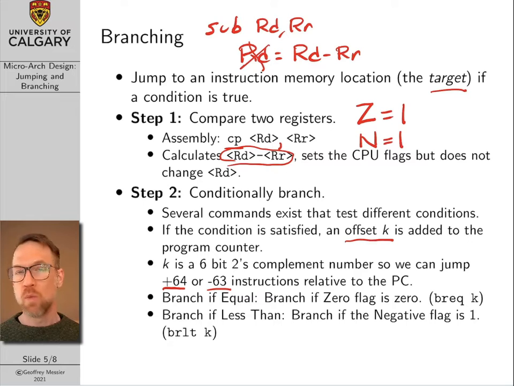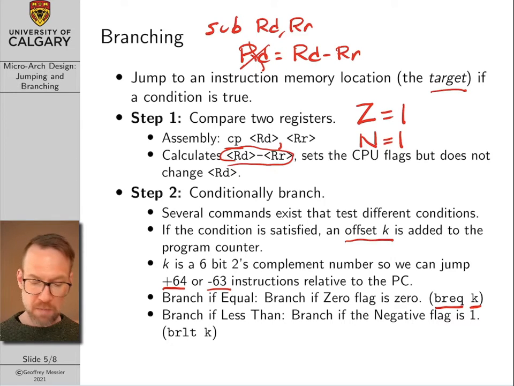If we're doing a while loop or an if statement, all of our commands are going to be fairly closely located around the same region of instruction memory. The format for branch if equal is, the assembly language command is BREQ, and then we just give the offset that we want to branch, k, and again, that can be a positive or negative number.